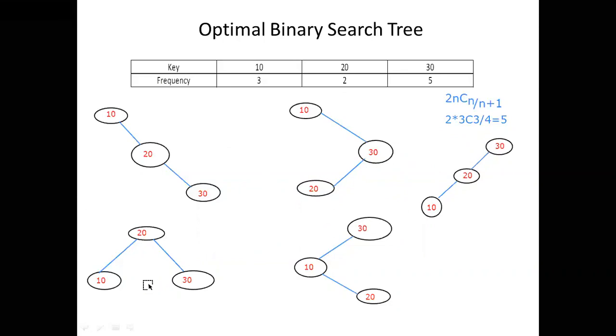Now I am going to explain balanced binary search tree. For finding the balanced binary search tree, you should know one concept: searching. Because a binary search tree is a form of searching.